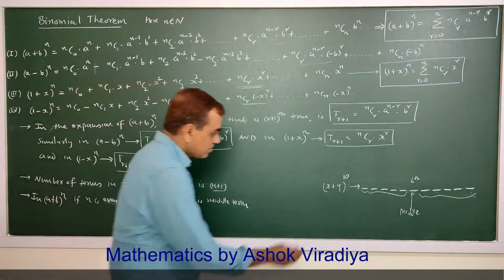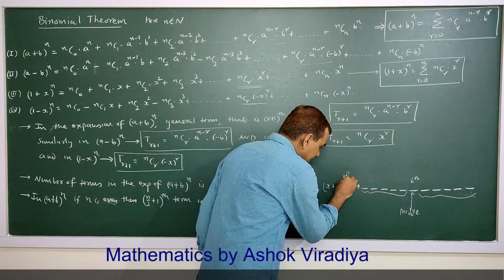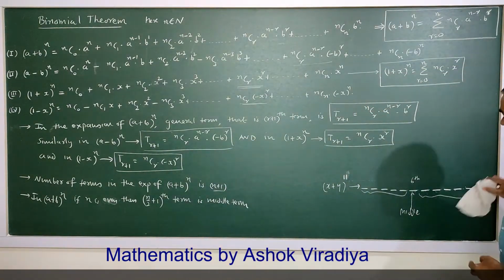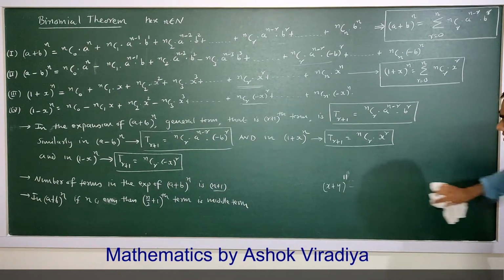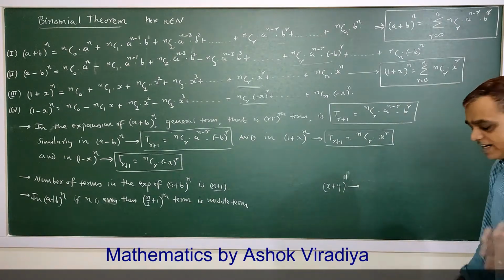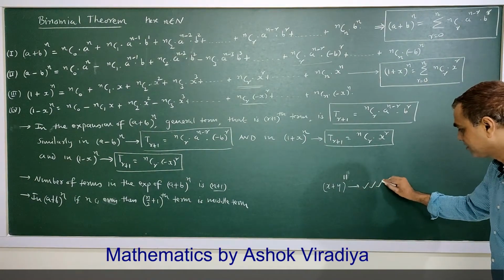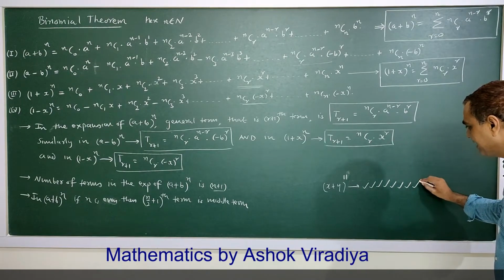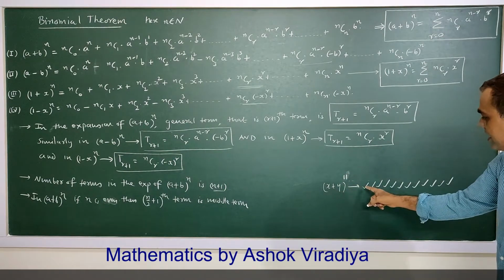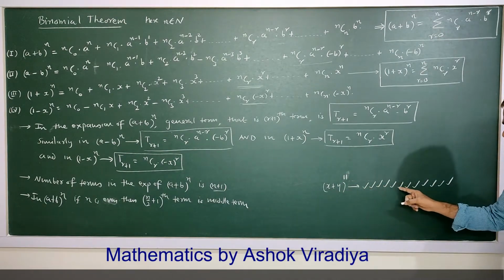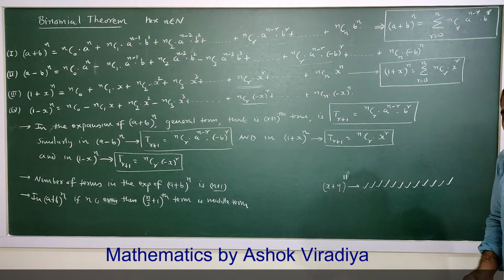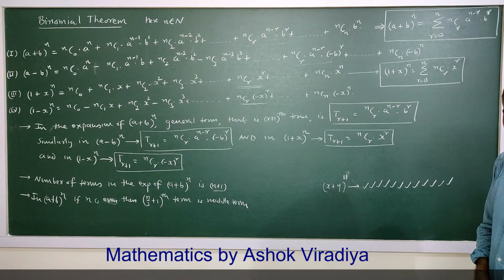Now if n is odd, suppose n is 11, the power is 11, then the expansion has 12 terms: first, second, third, fourth, fifth, sixth, 7, 8, 9, 10, 11, 12 terms. Now check the order of the middle term.